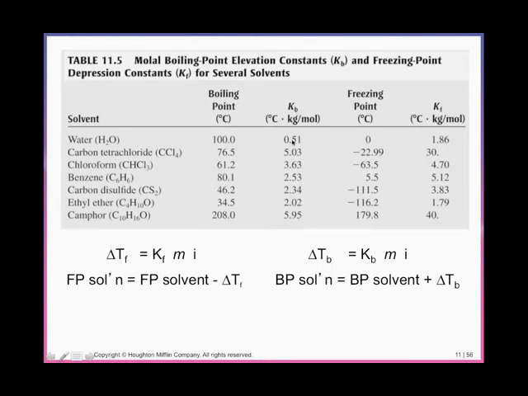For water, the boiling point constant is 0.51, but the freezing point constant is 1.86. Quite a bit different. You'll notice that for just about all of these, except for ethyl ether, the freezing constant is much greater than the boiling constant. And here are our formulas down here at the bottom. So make sure that you write these down.